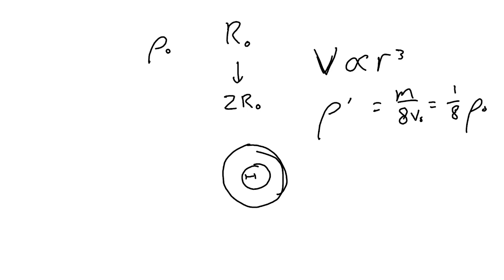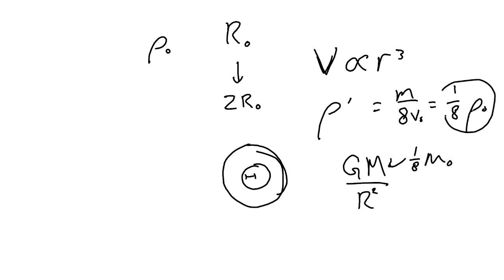So what this means is even though we're dropping from the same radius, our equation, remember, is going to be GM over r squared. Even though our r won't change, our mass is going to be 1/8 of what it originally was, because it's going to be the same area but with 1/8 the density.